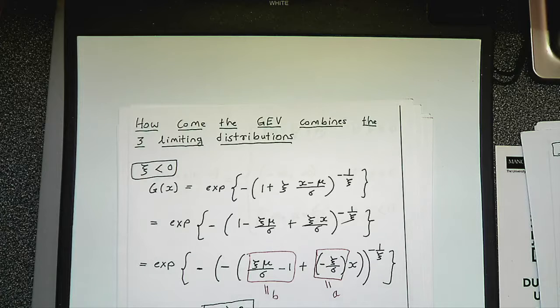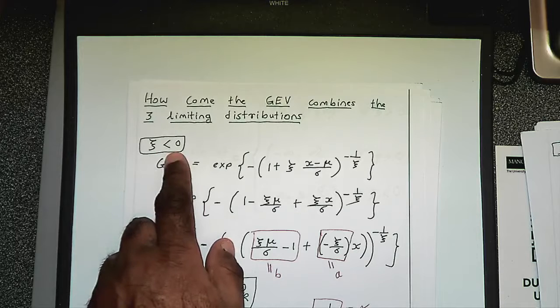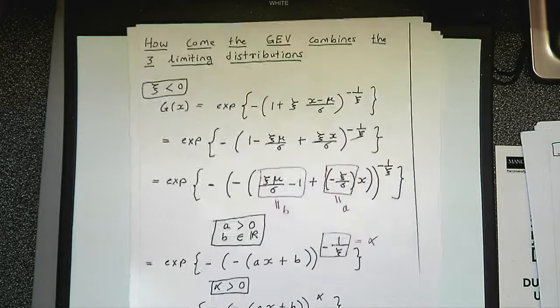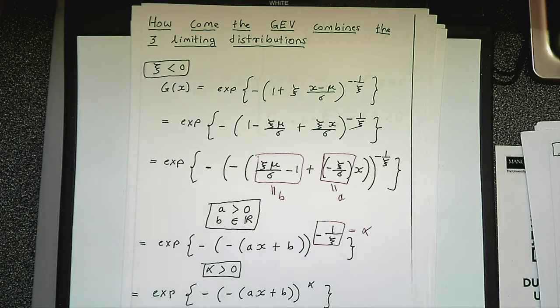Now, next question is how I said a second ago that the GEV distribution combines the three limits into one formula. What's the explanation for that? The explanation is given here: when psi is negative, it turns out that this formula reduces to this formula here, which is of the same type as, remember, this is the formula for the CDF of the Weibull distribution, which is one of the limits, right?